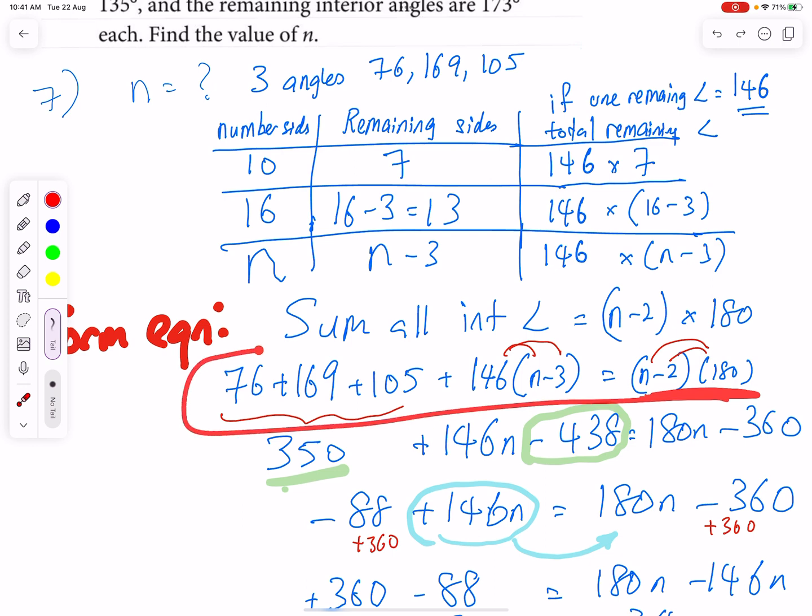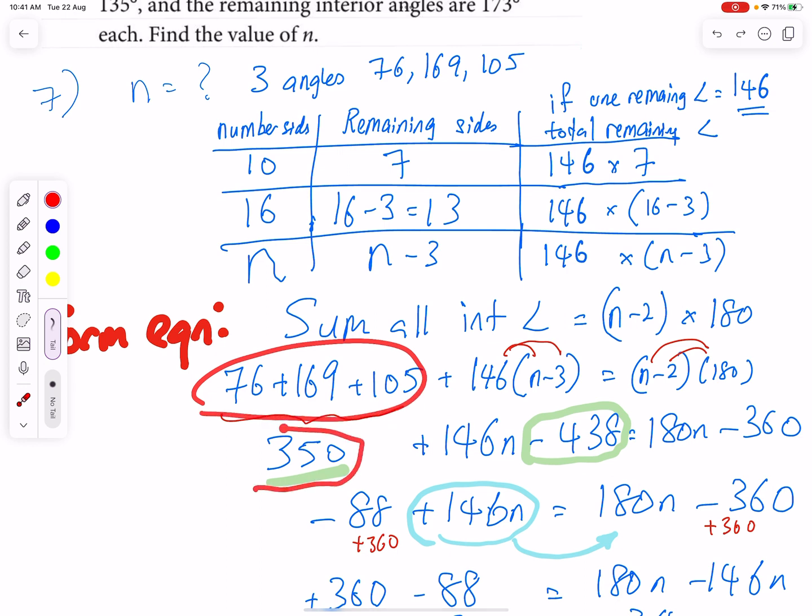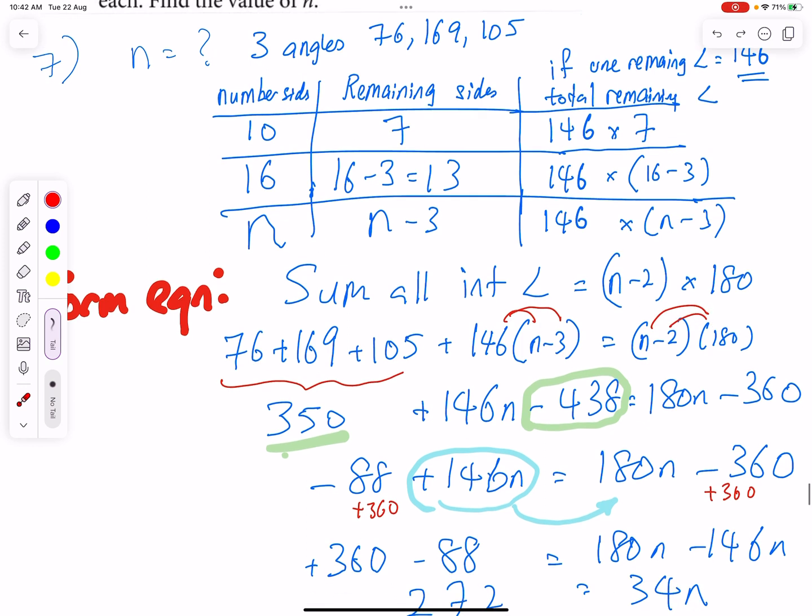Now, this equation here, we need to simplify so that it looks easy for us, right? So these 3 numbers add together. 146 multiplied by n, 146 multiplied by negative 3, 180 times n, 180 times 2.